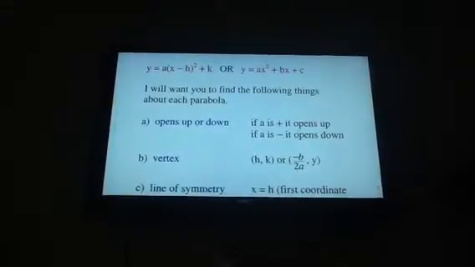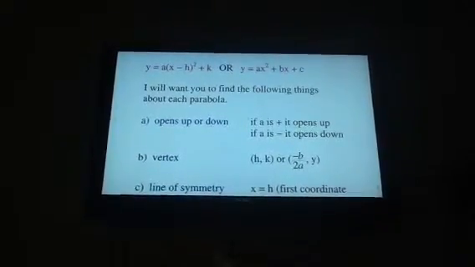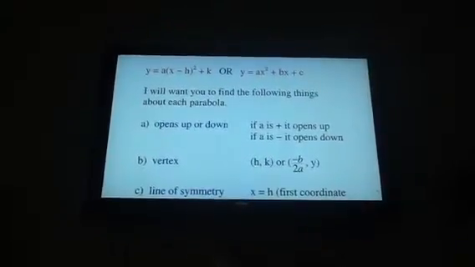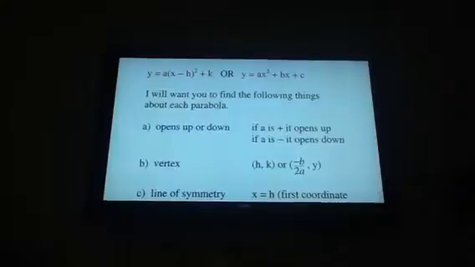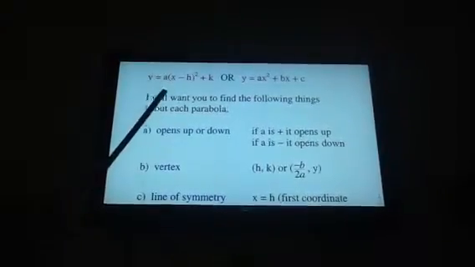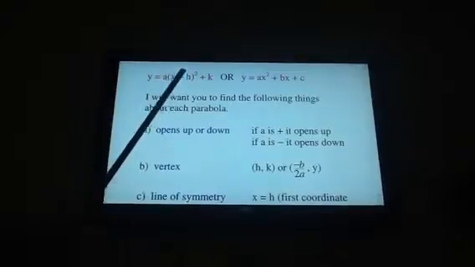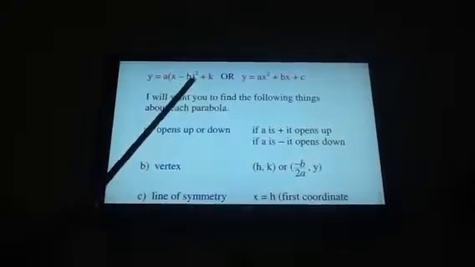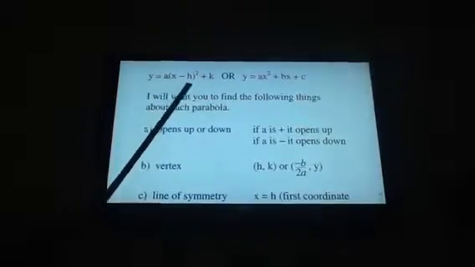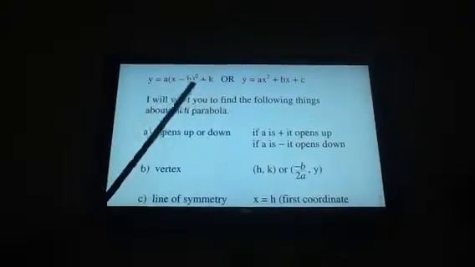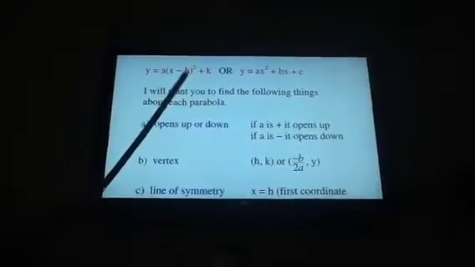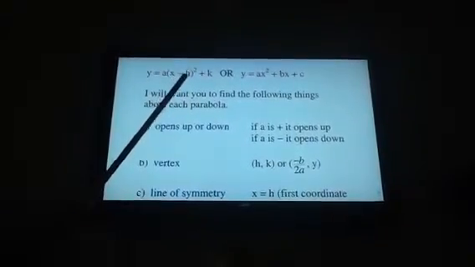To find the vertex of the parabola, the vertex is the point where the parabola changes directions, kind of like the tip of the parabola. The vertex in this form right here is the ordered pair (h, k). Keep in mind that this is the standard form. When I take the h from this parentheses, I'm going to be taking the opposite of what I see here.